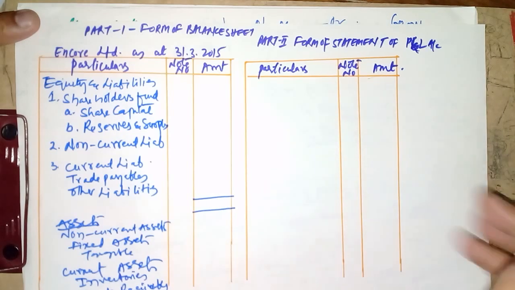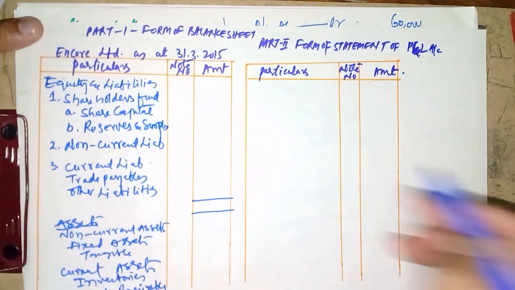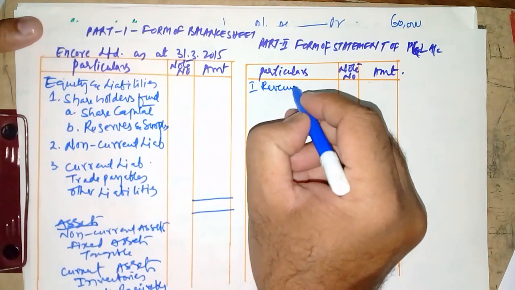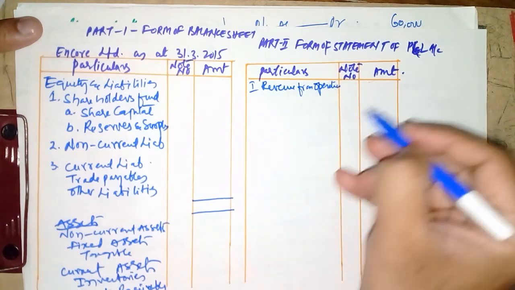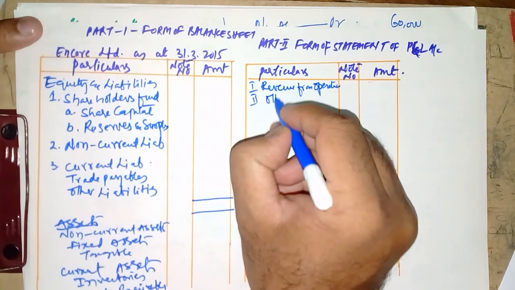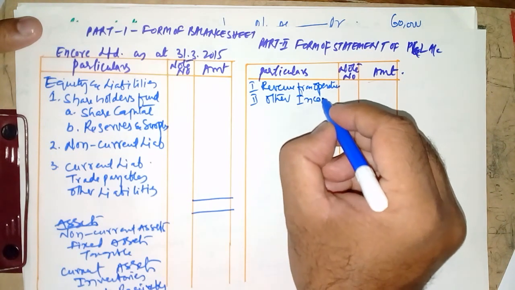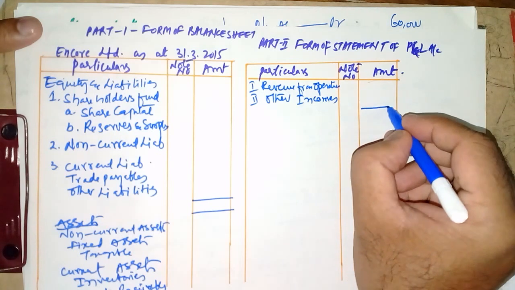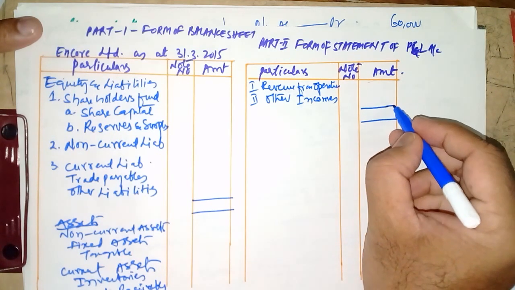Then when you come to what we call the income statement, under that, first one, Roman one, is revenue from operations. Then Roman 2, other incomes, then summation, right?